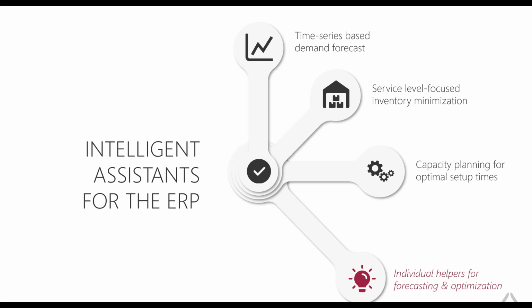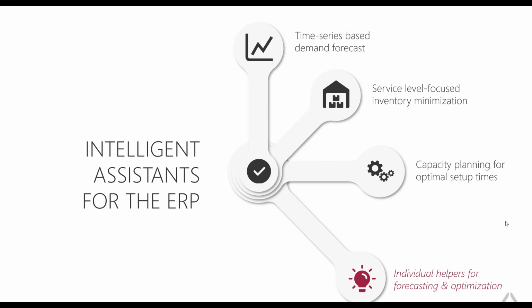Moreover, we are at this time working on a capacity planning service for the optimal setup times of machines. So which article should be scheduled for which machine, such that we can reduce the setup times of machines. This is an actual project with a customer from Austria. And moreover, of course, the service runs again in the cloud, and of course, the service is standardized, so everybody can use this service for production planning.